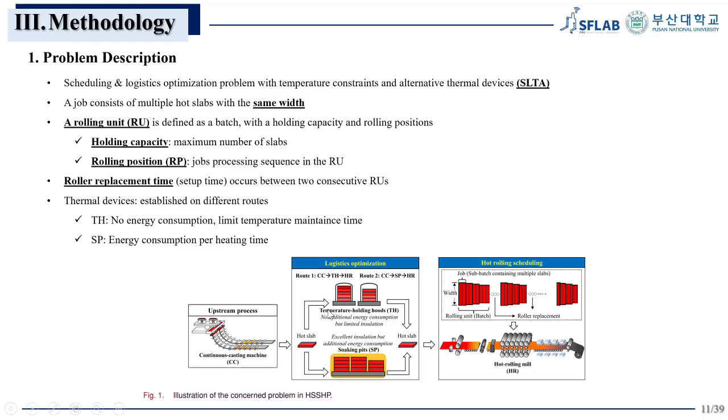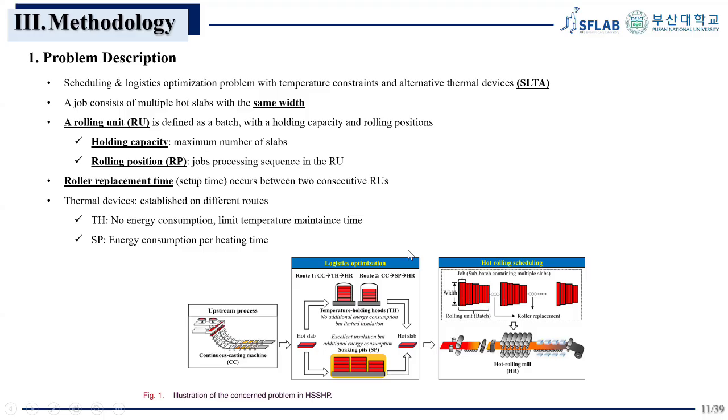A rolling unit will have a holding capacity and a rolling position. The holding capacity is the maximum number of slabs that can be contained in the rolling unit, and the rolling position is used to determine the job processing sequence inside the rolling unit. And the rolling replacement time, or the setup time, will occur between two consecutive rolling units.